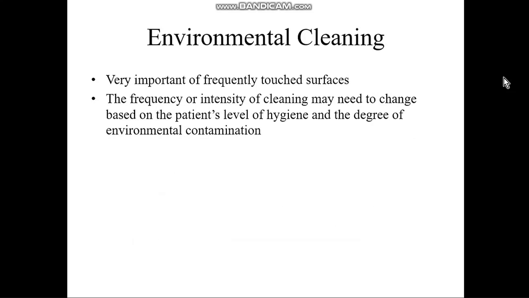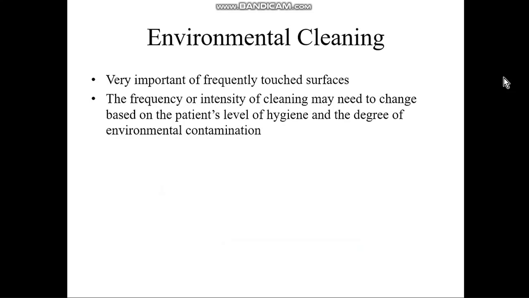Now comes another very important component of the standard precautions, which is environmental cleaning or environmental measures. It is very important to clean, disinfect, or sterilize the frequently touched surfaces.